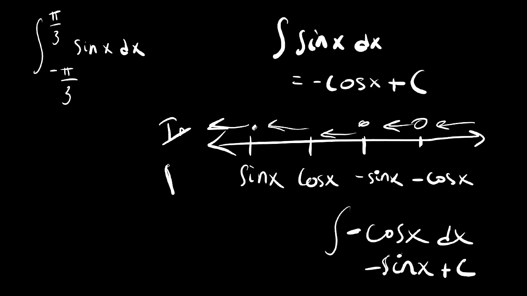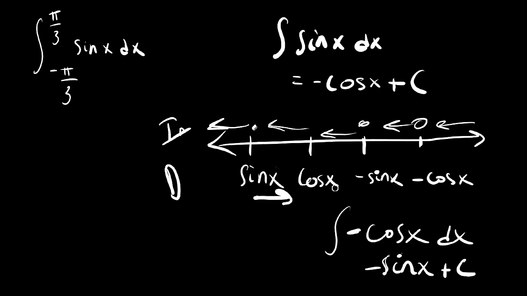And then the bottom is going to be about derivatives. So for derivatives, it's going to be the opposite. In order to take the derivative of sine x, we'd have to go one forward and go to cosine x.